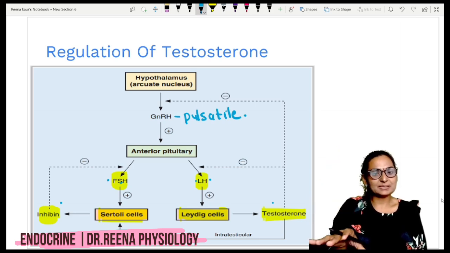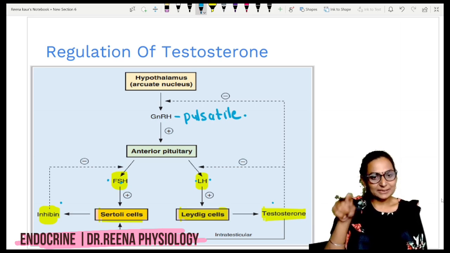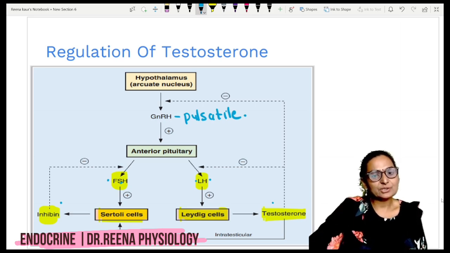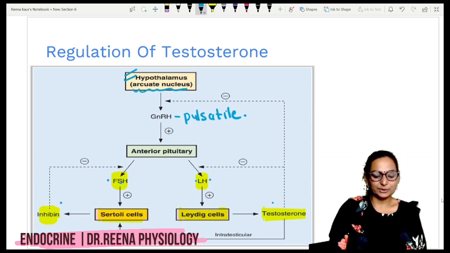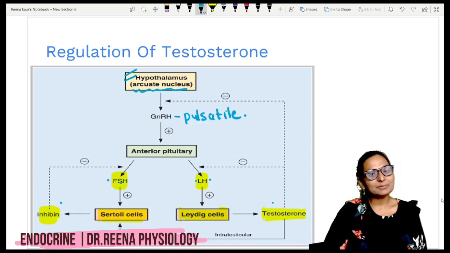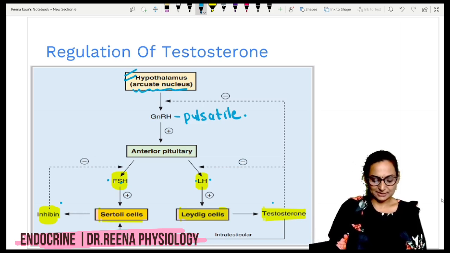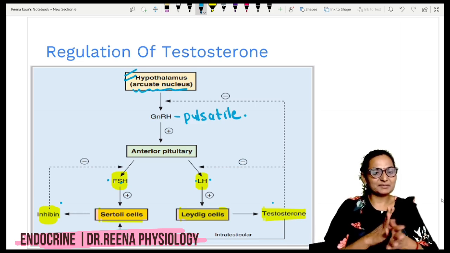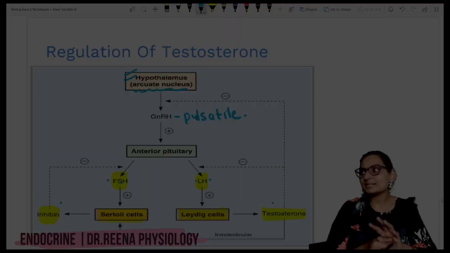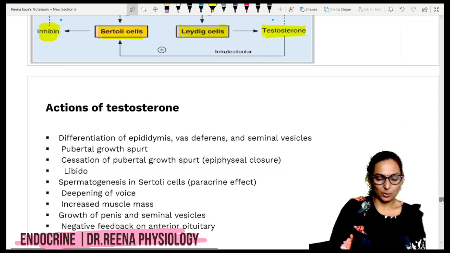It will suppress the androgens. So it is secreted in a pulsatile manner, and the GnRH is coming from the hypothalamus, that is the arcuate nucleus. Okay? So this is very specific: FSH acts on Sertoli cells.